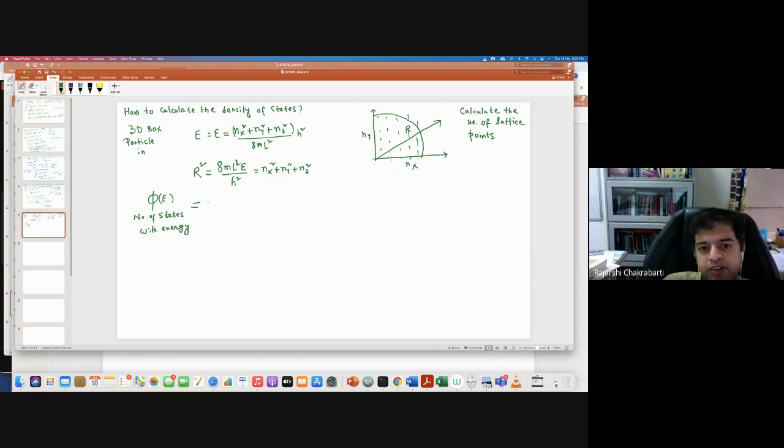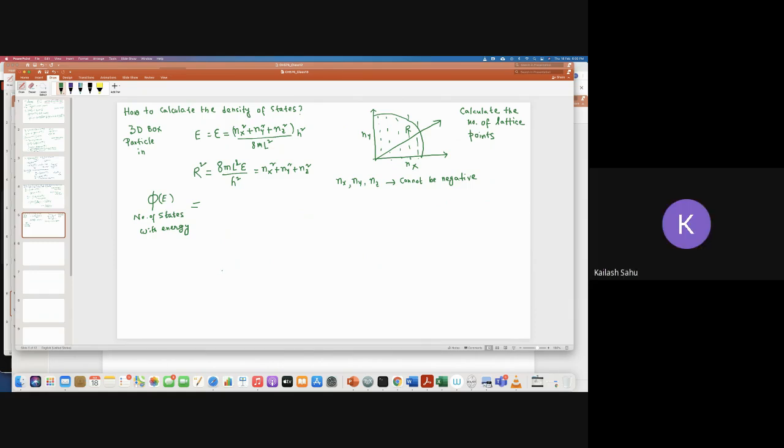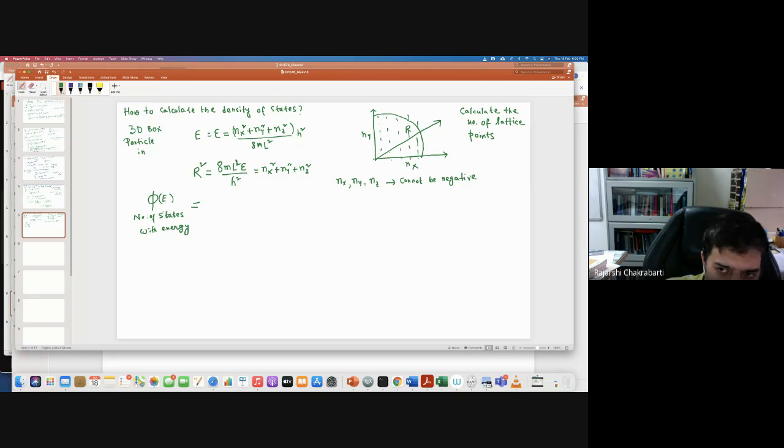There's one restriction here on this nx, ny, nz. This restriction is there, no? They cannot be negative. Also, it cannot be 0, but it cannot be negative, isn't it? So what should be the number of states? Can you calculate? Number of states means number of points.